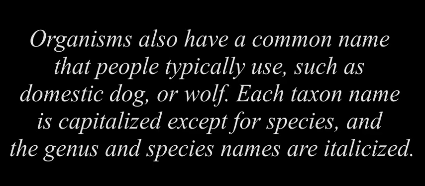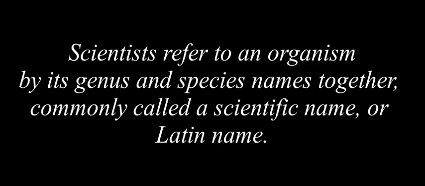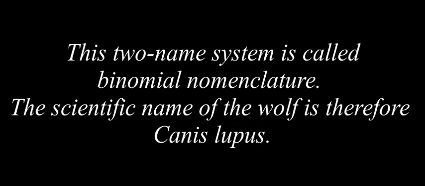Organisms also have a common name that people typically use, such as domestic dog or wolf. Each taxon name is capitalized except for species, and the genus and species names are italicized. Scientists refer to an organism by its genus and species name together, commonly called a scientific name or Latin name. This two-name system is called binomial nomenclature.